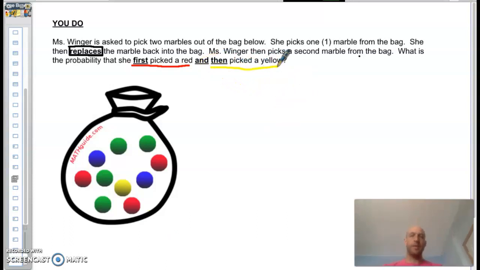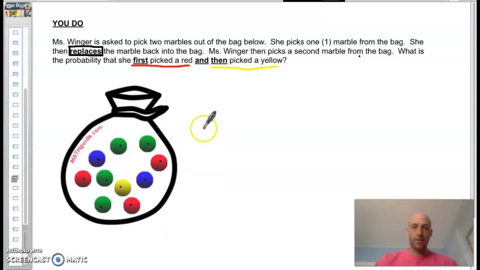Okay, so same thing as the last problem. We are going to first find the probability of picking a red, then the probability of picking a yellow, and the probability of both of them happening together is the product of those two when we multiply them. So let's start with our red. So first of all, just to check here, we have 3, 4, 5, 6, 7, 8, 9, 10 marbles.